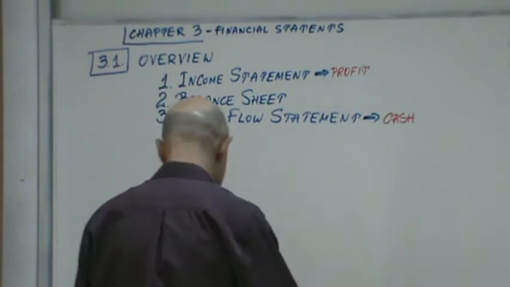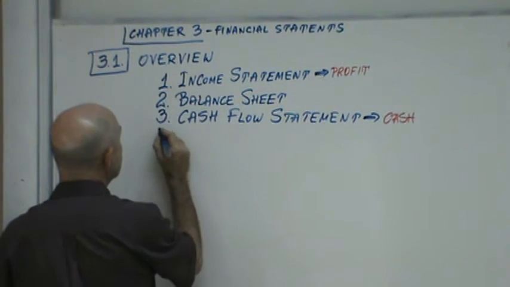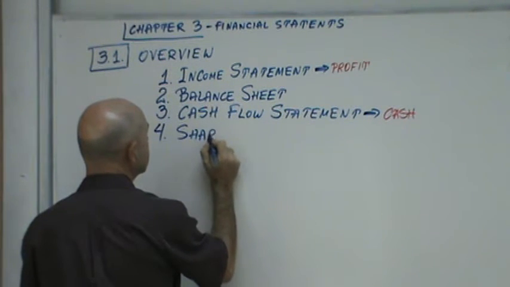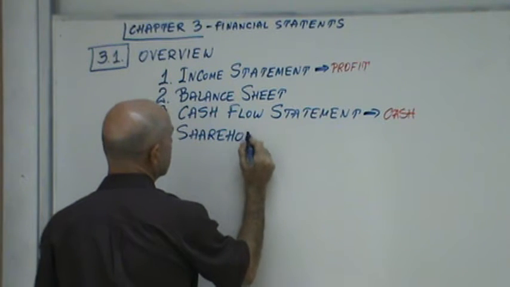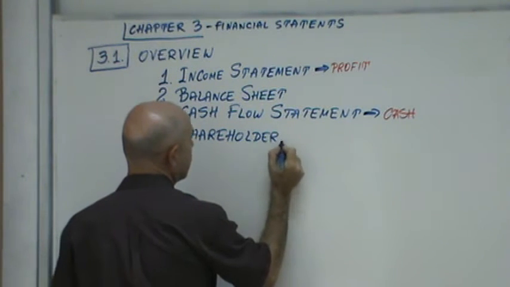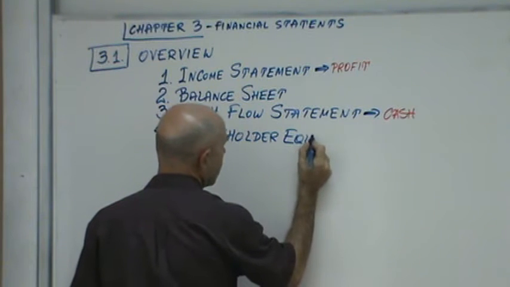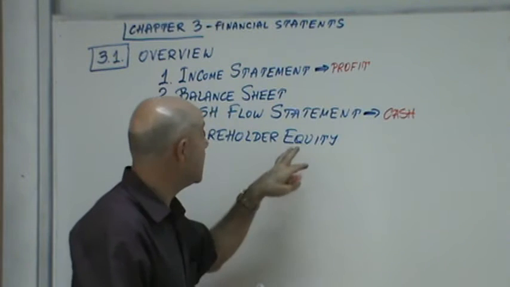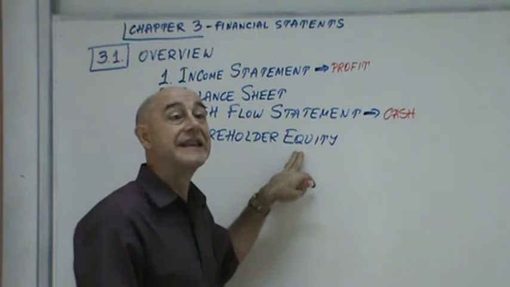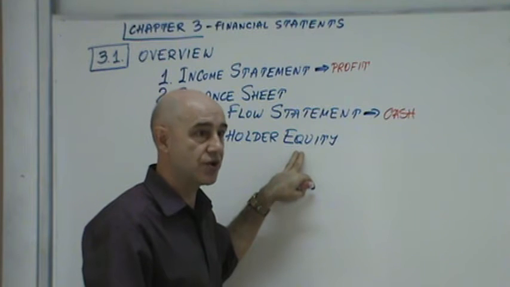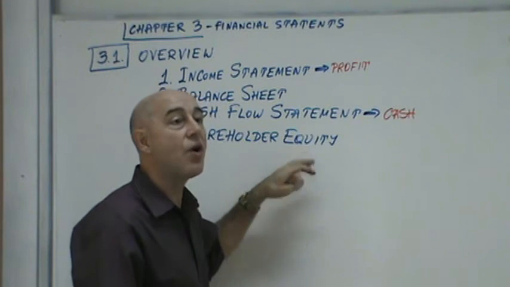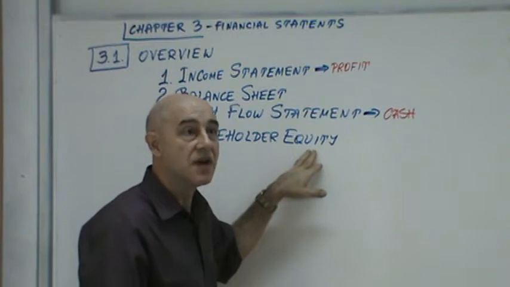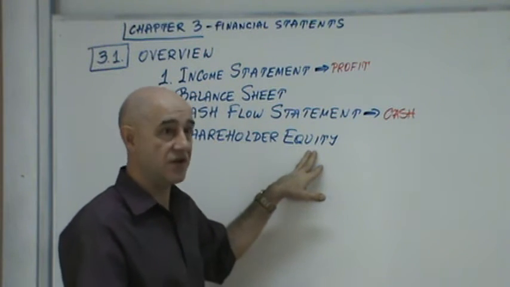All right. And the last one is called statement of shareholder equity. Shareholder equity is the capital of investors. And it tells you all the major transactions associated with equity, like profits, like dividends.